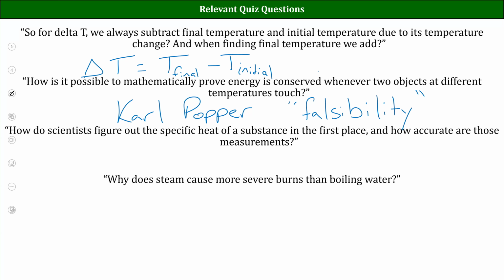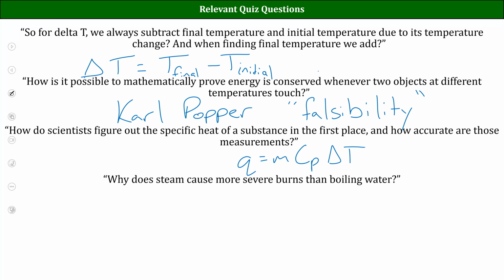How do we do these things in the first place? We had to pick something. So basically, when they were first coming up with these equations, Q equals mCp delta T, they just said, well, we're going to pick water and make that our standard. That's why 1 calorie is the amount of energy it takes to warm 1 gram of water by 1 degree Celsius, because they just picked that as the standard.